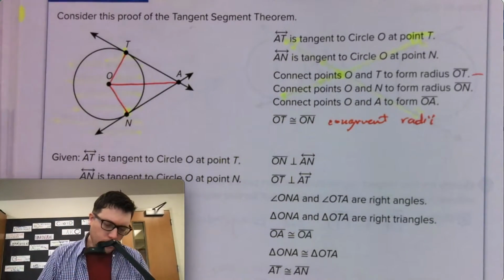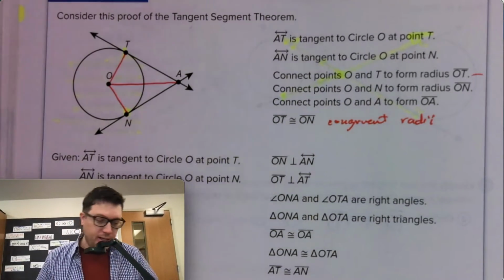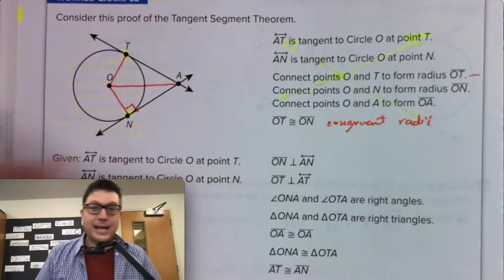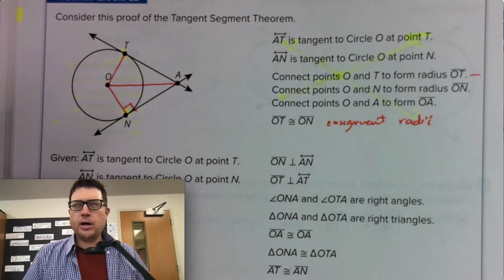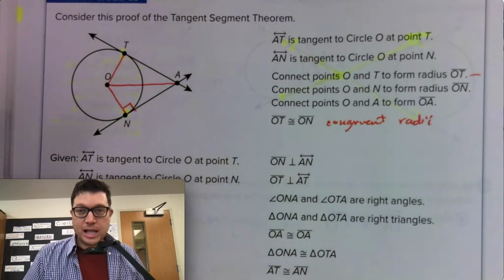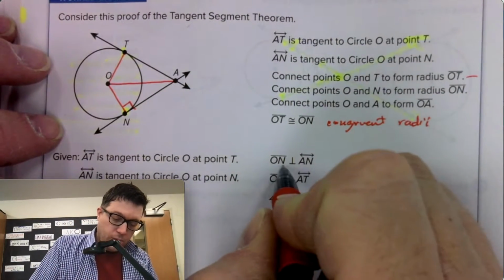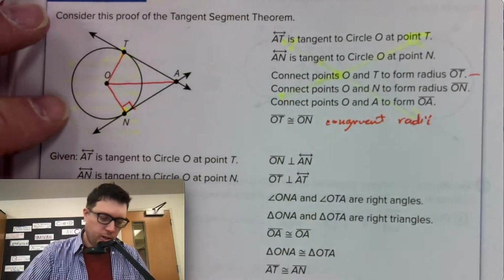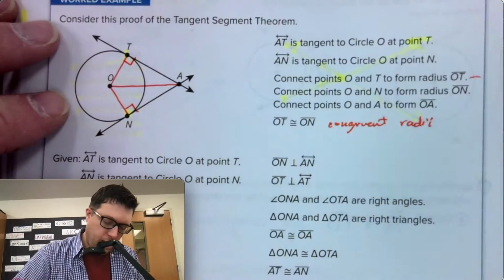Okay. Next up, what we have is that ON and AN are perpendicular. Tangents are perpendicular to radii. That was a proof that we did in the previous lessons, previous topics. So we have that the radius of a circle and the tangent line of the circle are perpendicular. That also puts a perpendicular here. Okay?